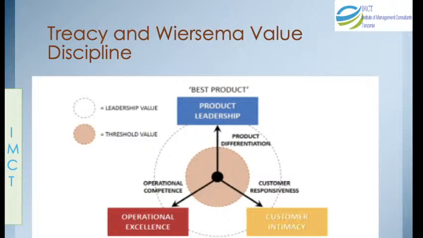So you can create your area of focus by looking at three things: product leadership, operational excellence, and customer intimacy. Now, choosing one of the disciplines has tremendous consequence on how the company should be operating in terms of structure, process, and culture. So you can see very clearly that customer intimacy is top customer service and relationship management, or product leadership, that is the best and well-known product offering.